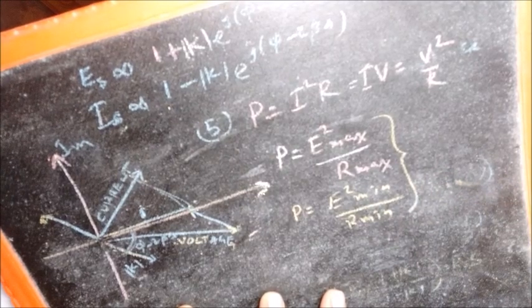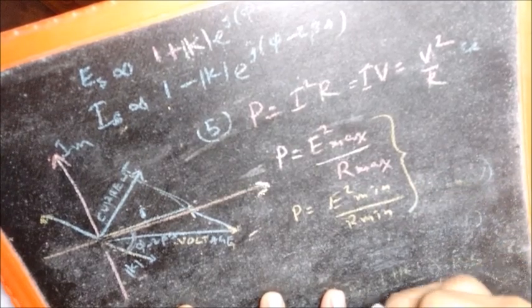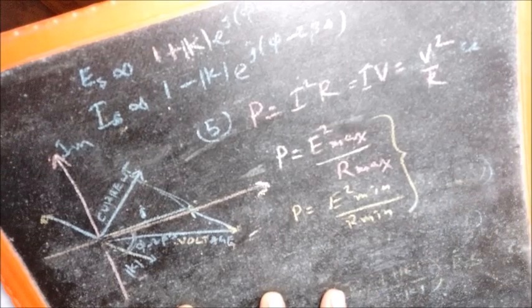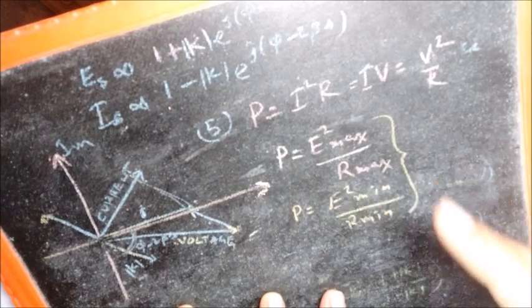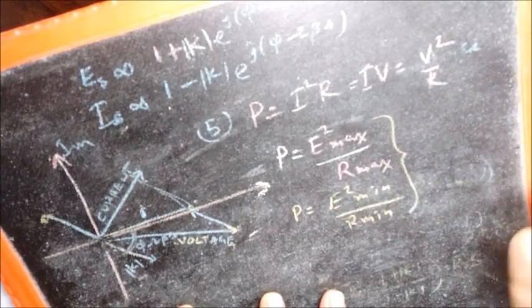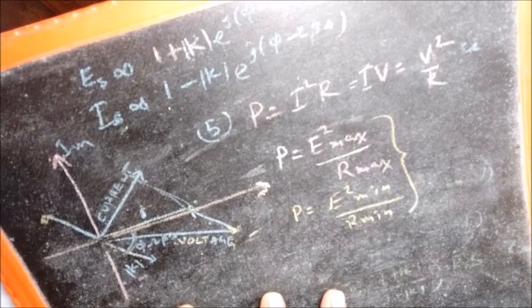The power remains the same throughout; intuitively, a maximum in potential is compensated by a minimum in current, and a minimum in potential is compensated by a maximum in current, so power remains the same.